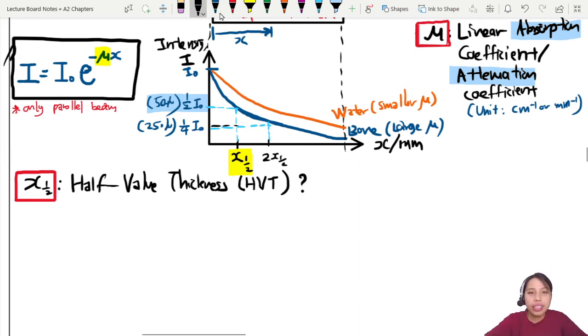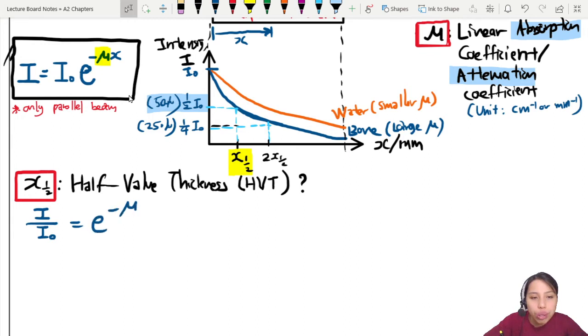Let's derive it together. Firstly, we know that we have this intensity equation up here: I equals I naught, the original, times e to the negative mu x. We're going to rewrite that in terms of a fraction: I over I naught equals e to the negative mu x.